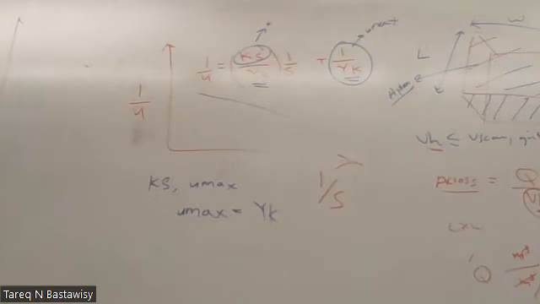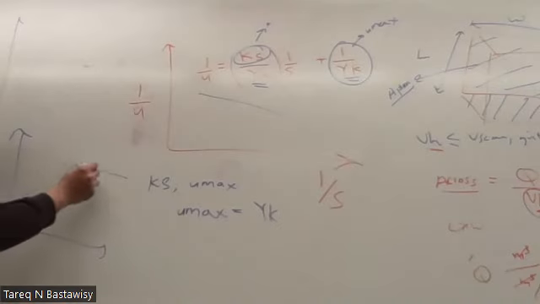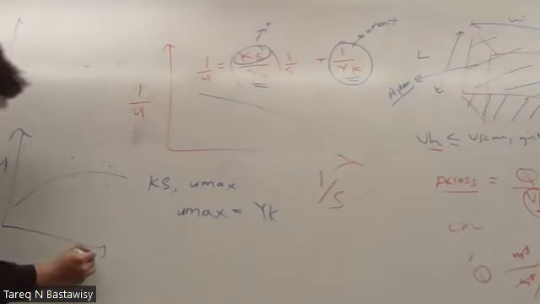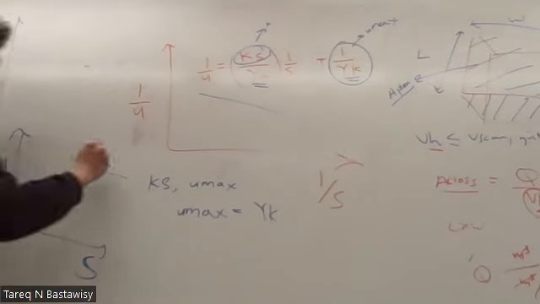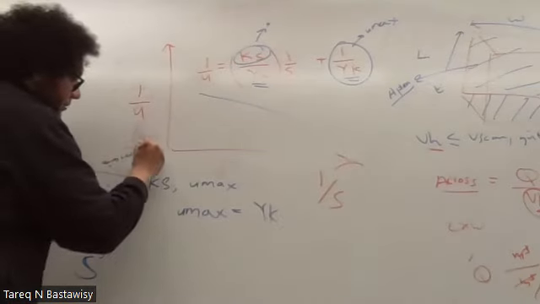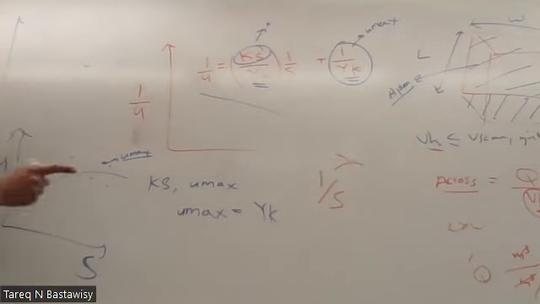So the other plot looks something like this, with multiple different dots. This one is U and this is S here. To find U max, you simply find the maximum value, just by observation. What about Ks?